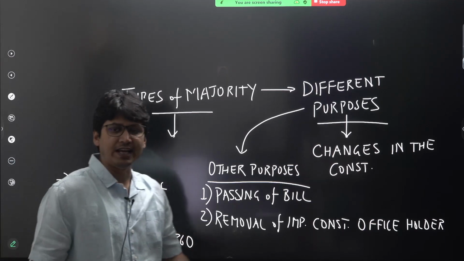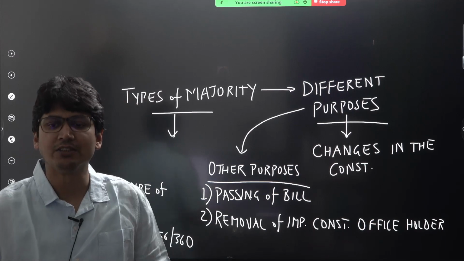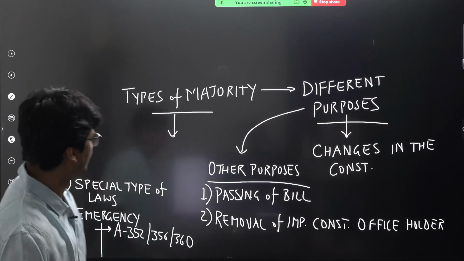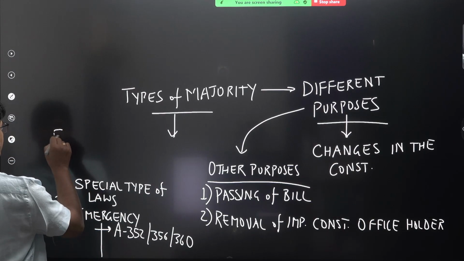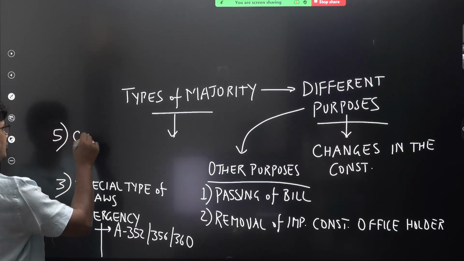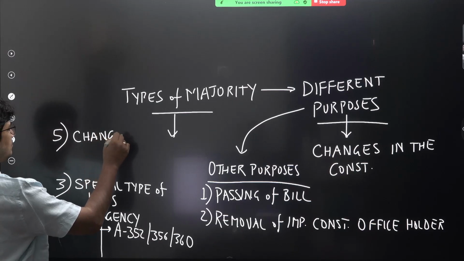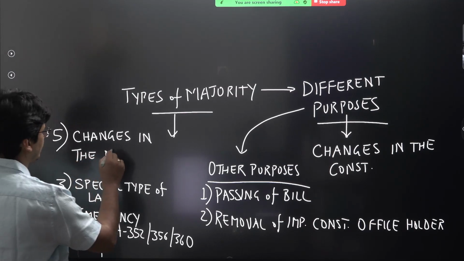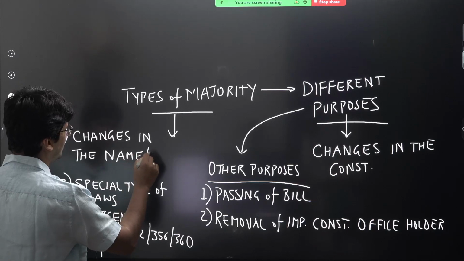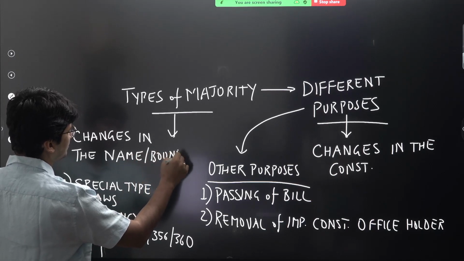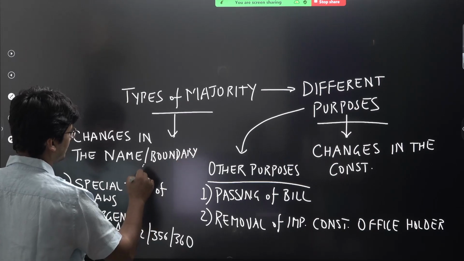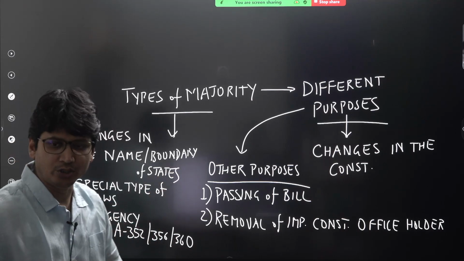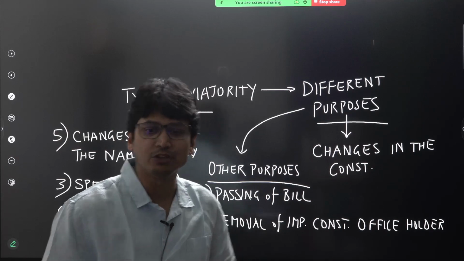Fifth, making changes in the name or boundary of states. So these are the various purposes highlighted in the Constitution for which we require different types of majority.